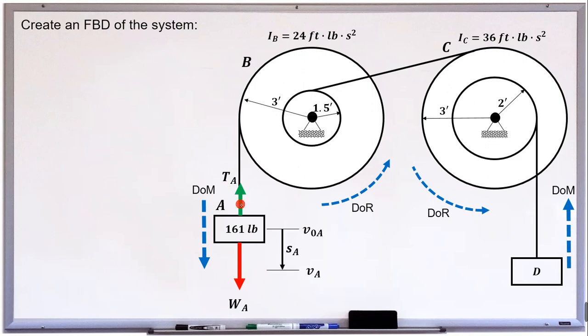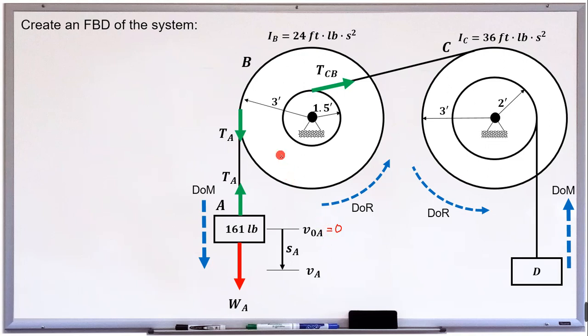These two forces will cause a displacement of A that is downward equal to SA, and it will also change its velocity, from initial velocity V naught A towards final velocity VA. But from the problem statement, since the system starts from rest, the initial velocity of block A is 0.